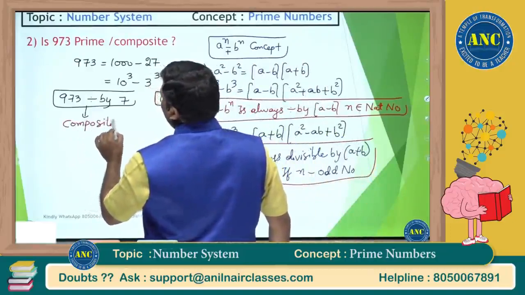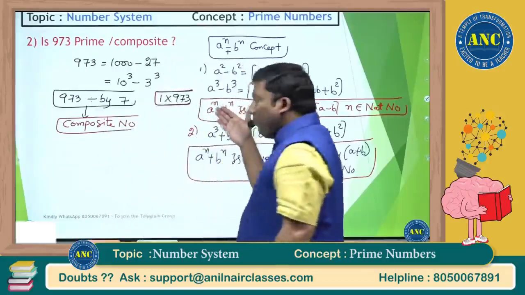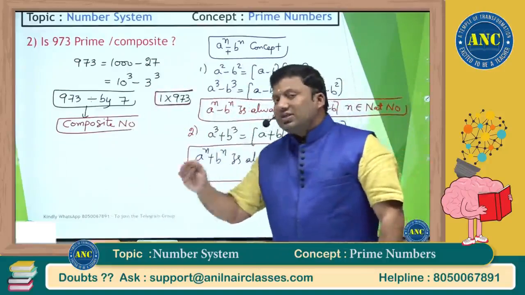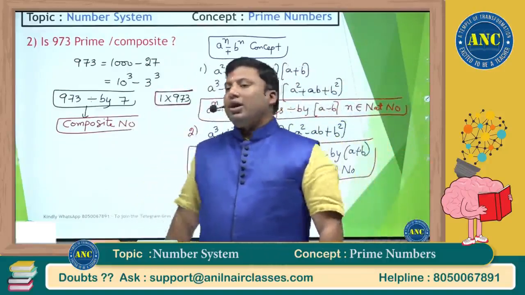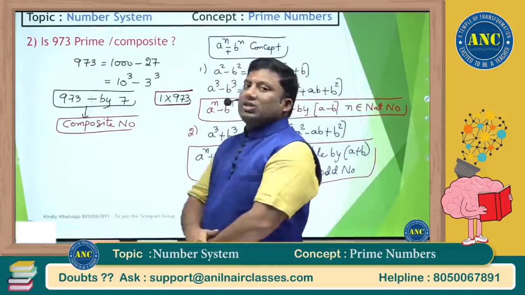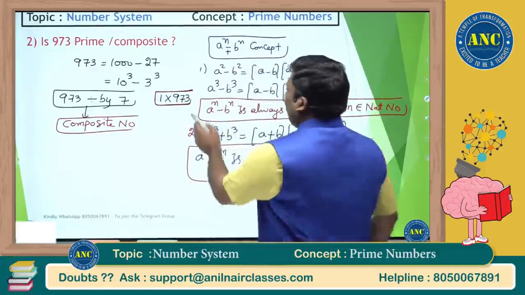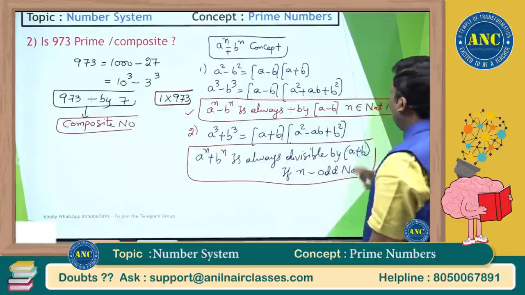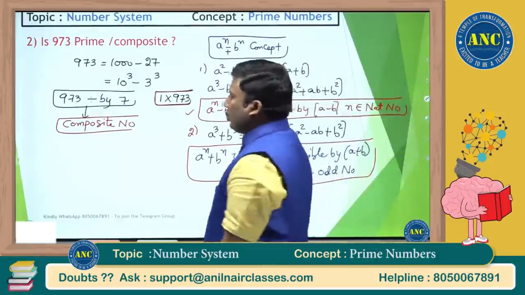Another rule to find out whether a number is prime or composite: the aⁿ plus or minus bⁿ concept. If the given number is odd, try to check whether you can write it as aⁿ − bⁿ. 1000 is 10³, 27 is 3³. aⁿ − bⁿ is always divisible by a − b if n is a natural number.